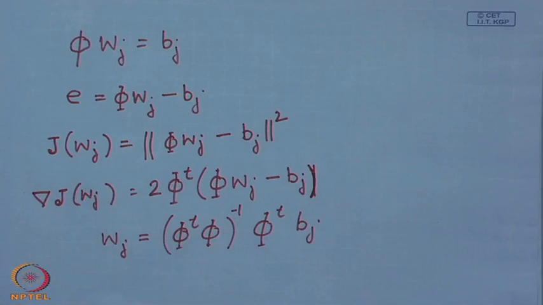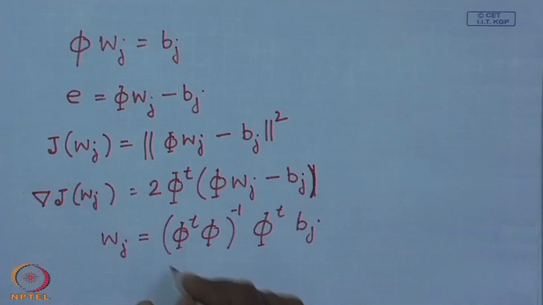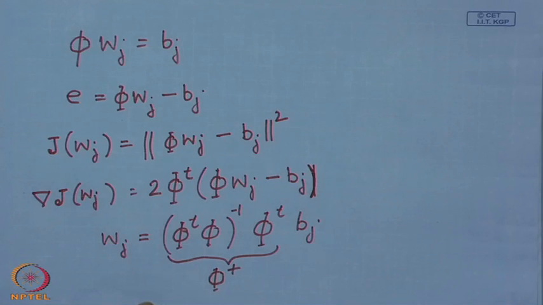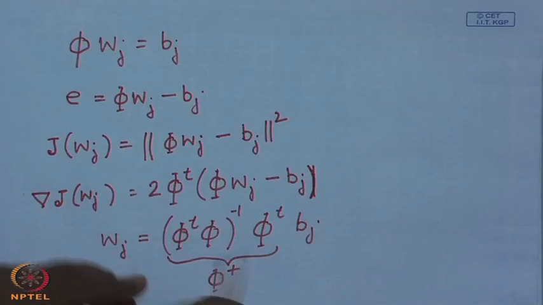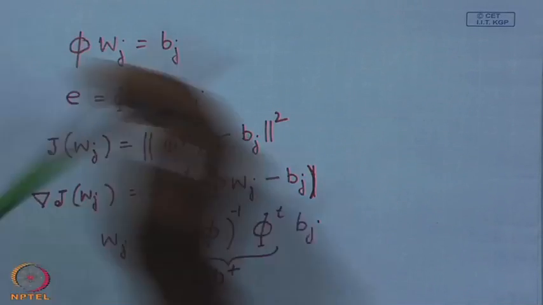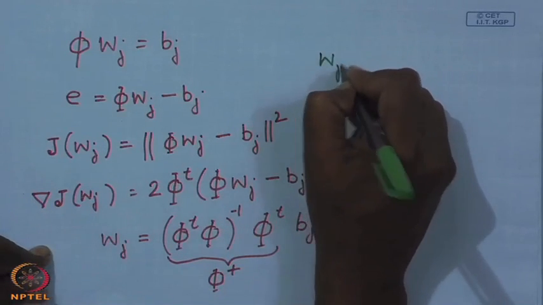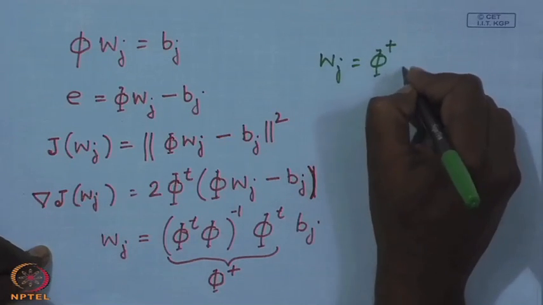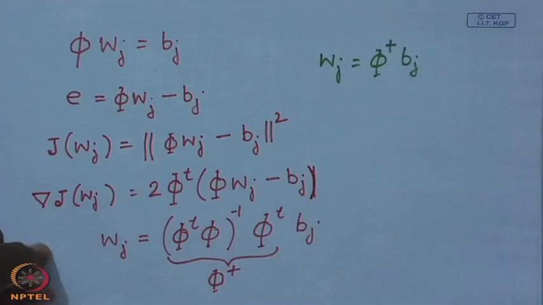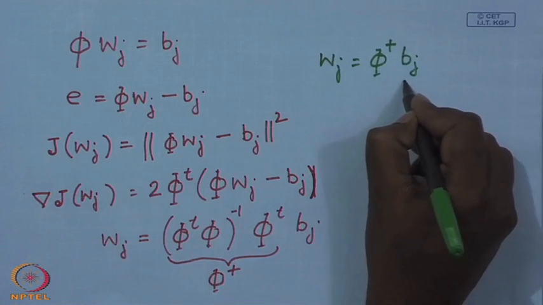And as we have seen earlier, this phi transpose phi inverse into phi transpose is what is called the pseudo inverse, and that is represented as phi plus. So, by this pseudo inverse technique, we have w j is equal to phi pseudo inverse into b j, okay, where b j is defined beforehand.